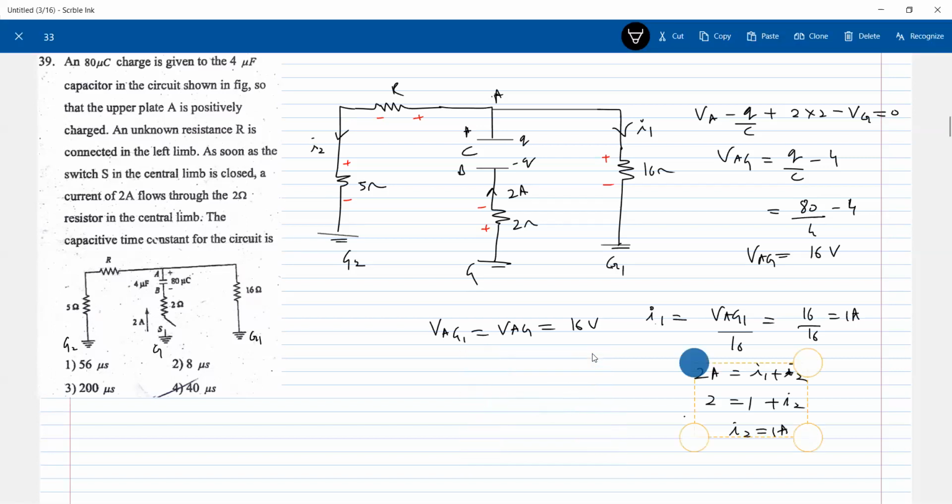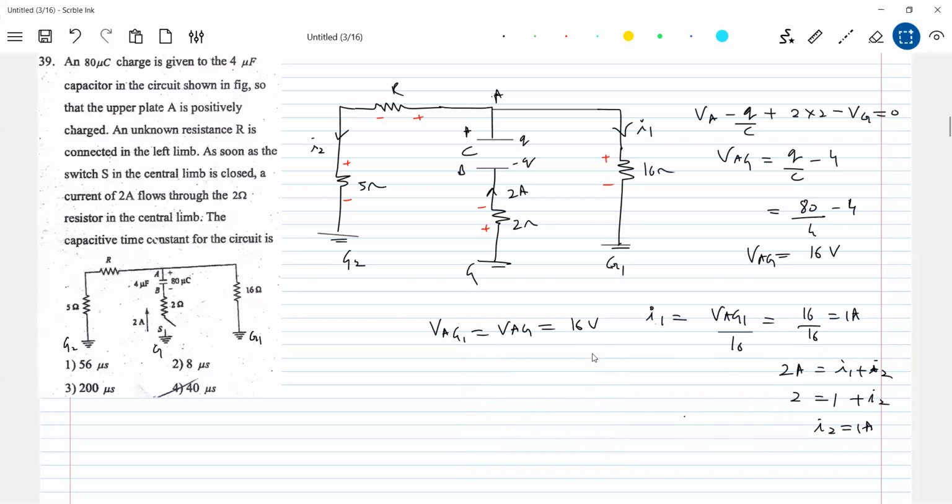After getting the current I2, we know the potential VAG2. VAG2 should be equal to, I'll write the equation, VA minus I2R minus 5 I2 minus VG2 equals 0. So VAG2 is equal to I2R plus 5 I2.